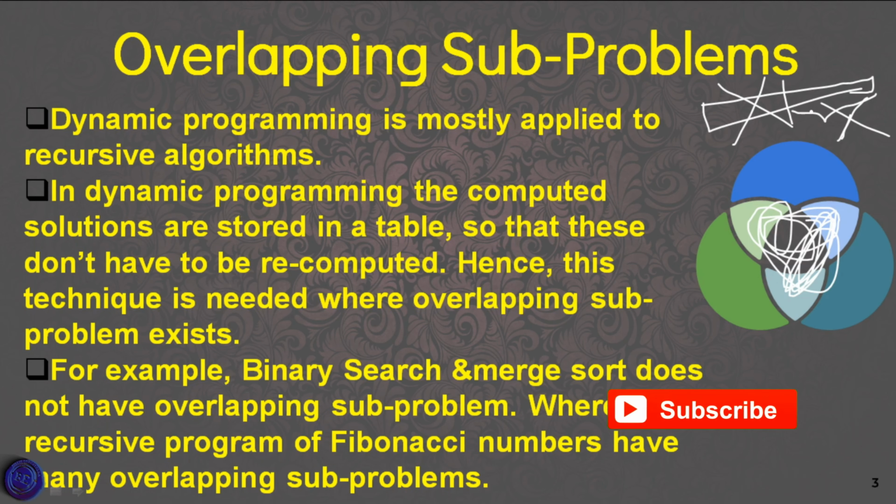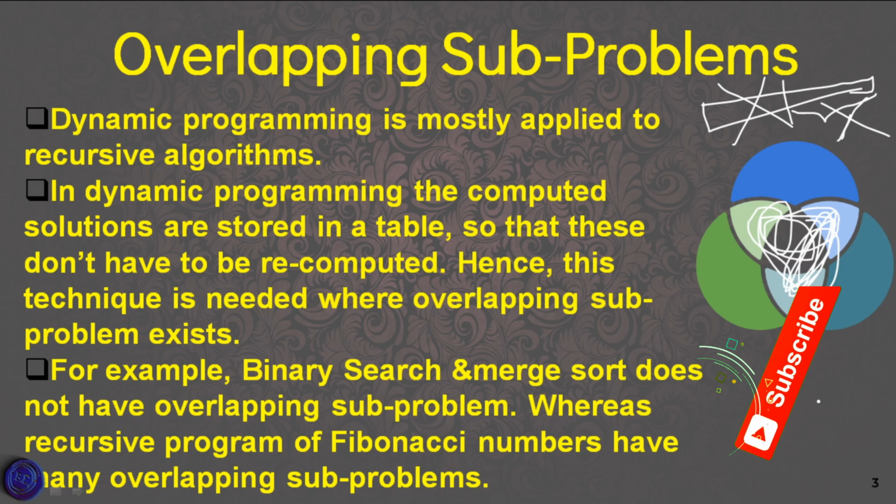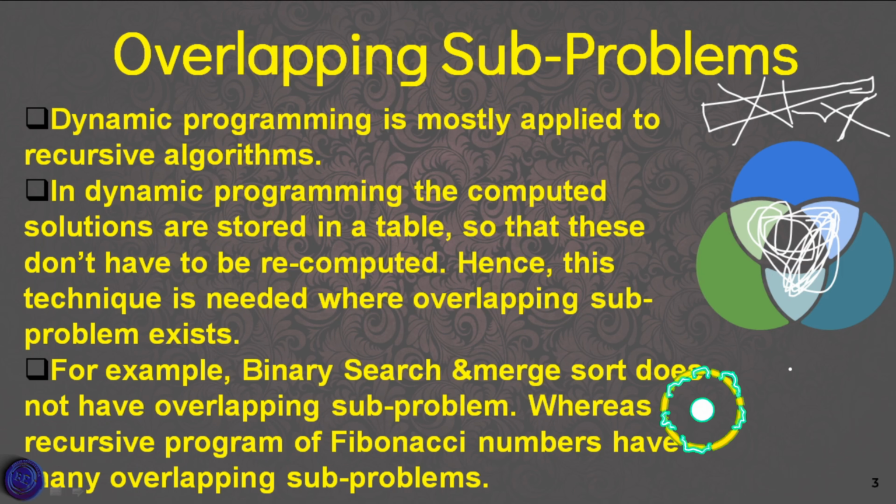Whereas the recursive program of Fibonacci numbers has many overlapping subproblems. So for finding a particular solution of a Fibonacci number, we need the overlapping of the subproblems. So here we are going to find f of 3. So f of 3 means f of 2 plus f of 1.